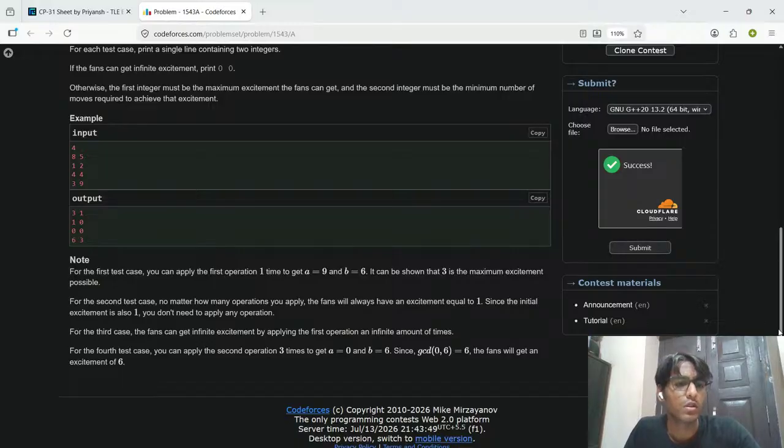For 1, 2, the maximum can be 1. Then 2, 3 is 1, then 3, 4 is 1. So in any case, it's 1. Then 4, 4: the maximum GCD will always be infinite, because we can always increase it.